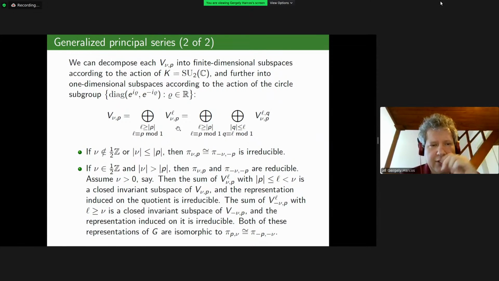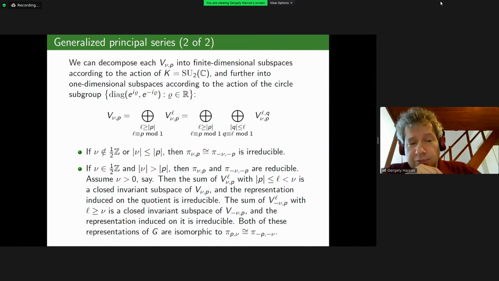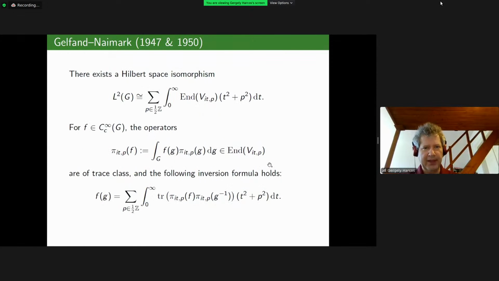And when you restrict this block decomposition, when you only look at blocks with indices at least absolute value of p and also absolute value nu, then in the representations for nu p and p nu and also minus p nu and minus nu p, so in all these four representations, the group will act in the same way in those spaces, in those block matrices. And this will have a dramatic effect for our problem.